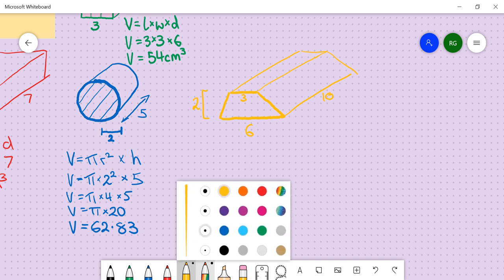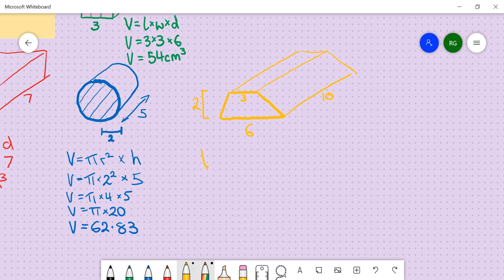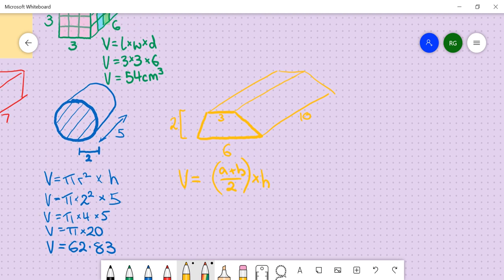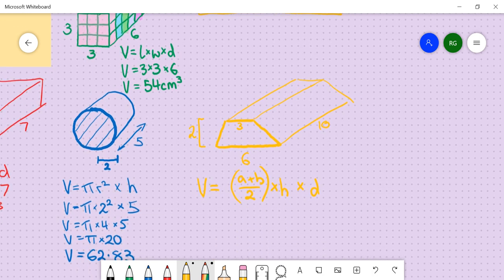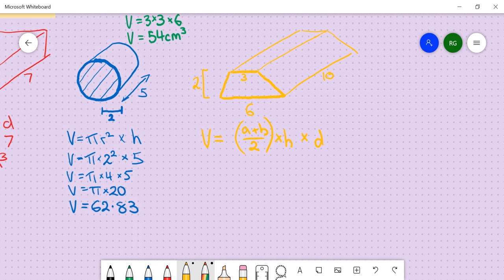So referring back to our formula from the other day, the volume is going to be the area of this trapezium, so A plus B divided by 2, all of that is multiplied by the height. And then to work out the volume of the shape, we need to multiply it by, we can call it either the height or depth in this case, just because we're already using a height value out of the trapezium.